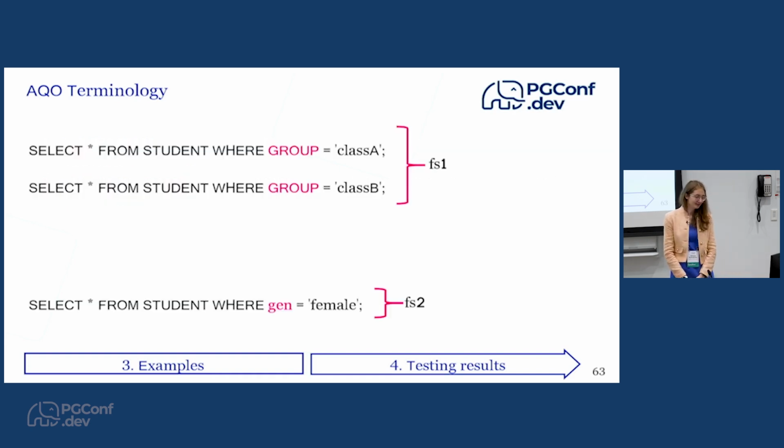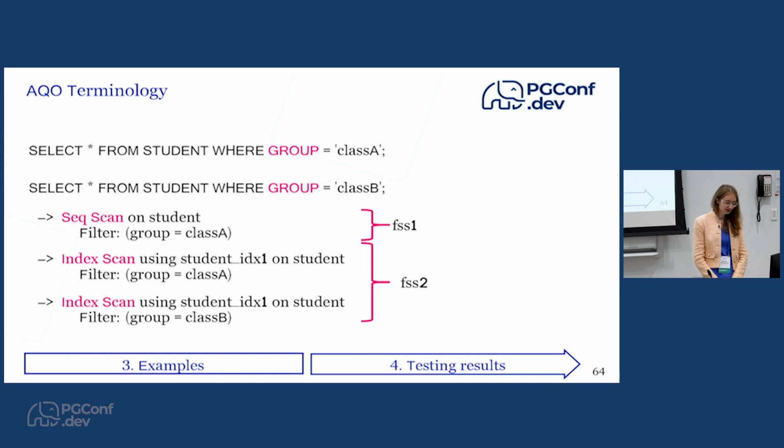You can see three different queries. Two of them differ only in constants, and they belong to one feature space. The third one differs in structure, and it belongs to another feature space.